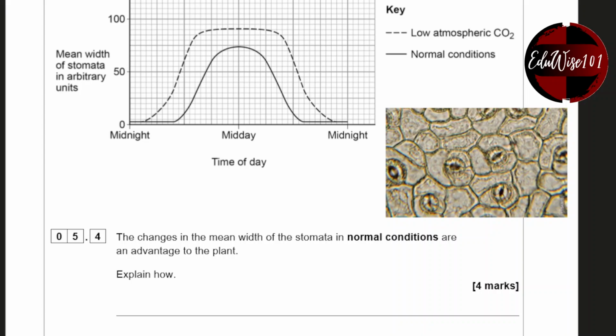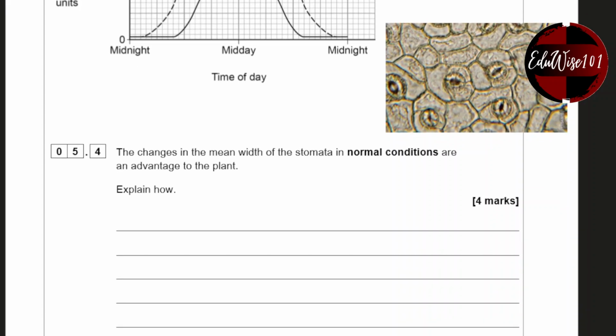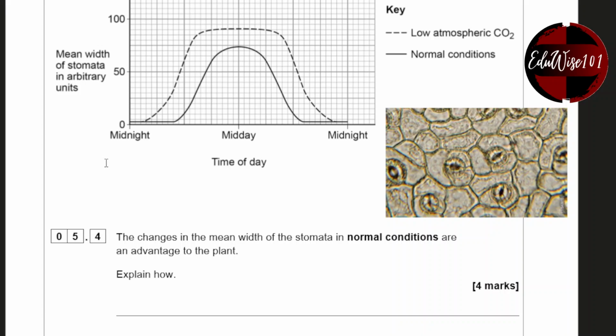The changes in the mean width of the stomata in normal conditions are an advantage to the plant. Explain why. So in normal conditions, we are looking at the solid line. During the daytime, the mean width is much higher, and the mean width during the night is low. Why is it an advantage? Well, in midday, you could expect the light intensity to be the highest.